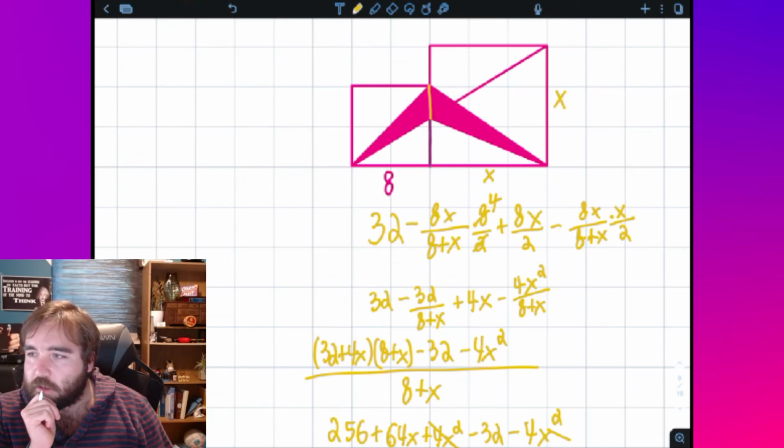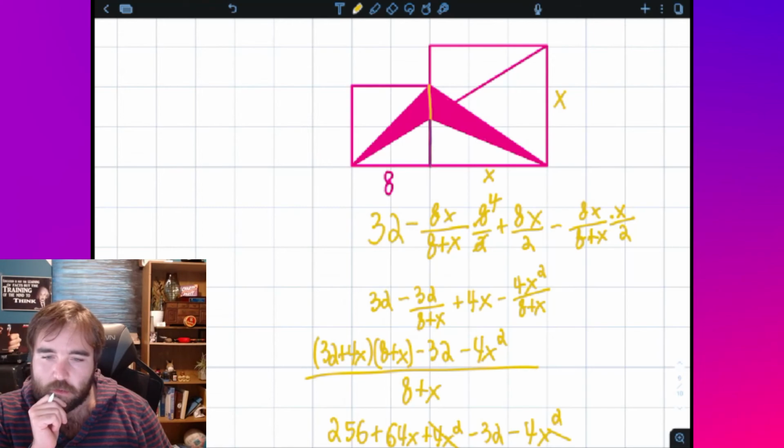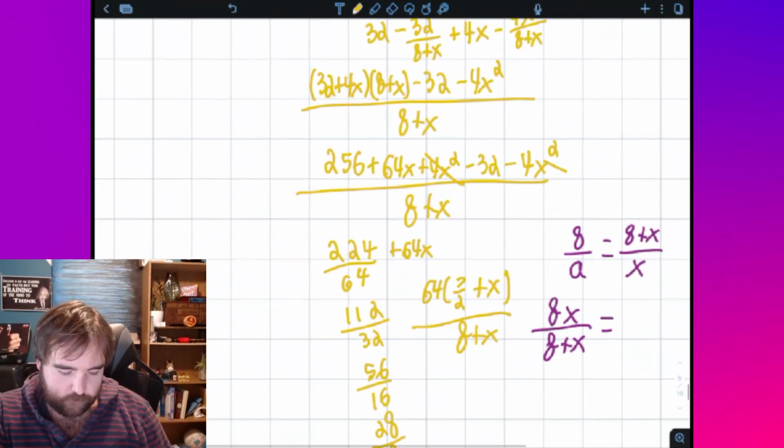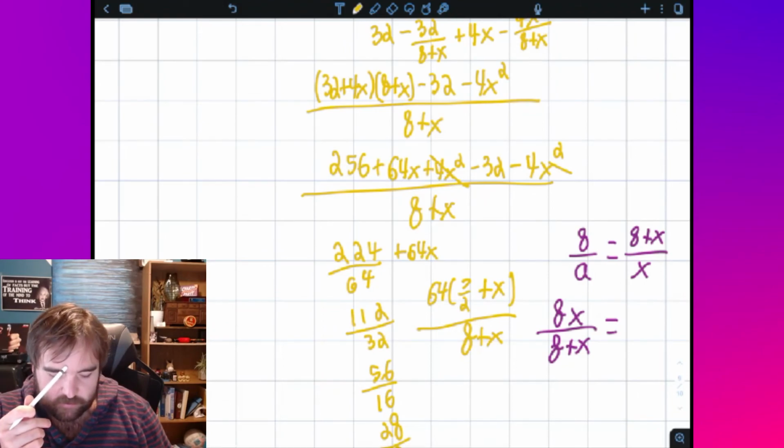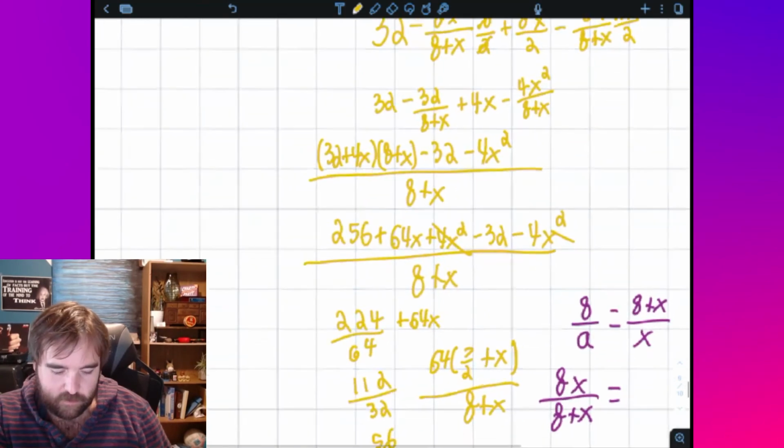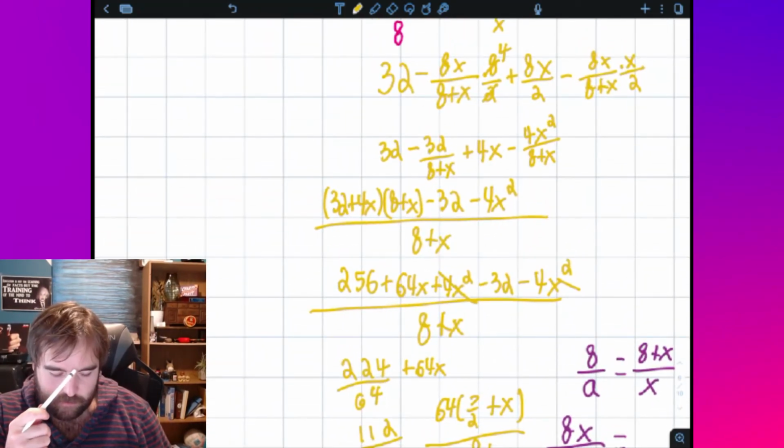We're trying to find the area inside the little boomerang shape. A 256 minus 32 is not a pretty sight.